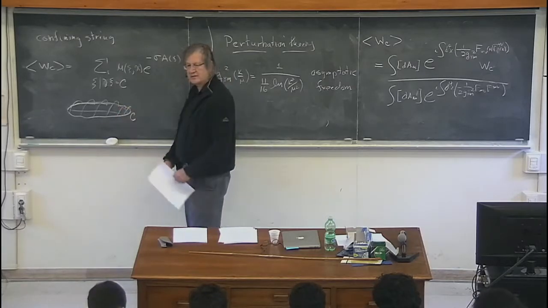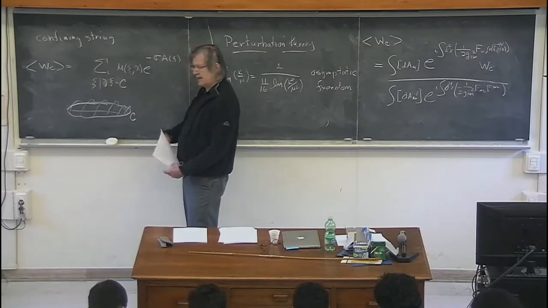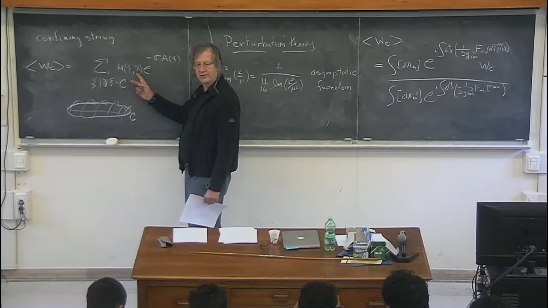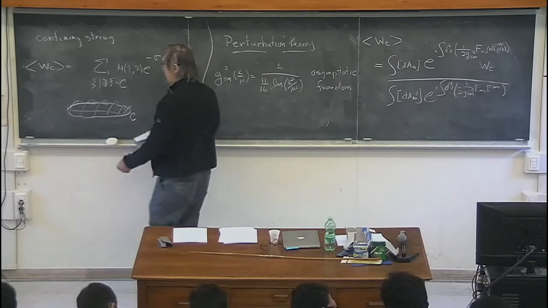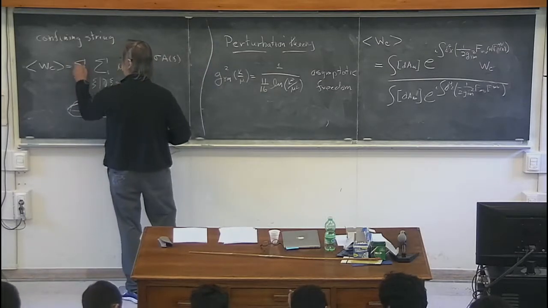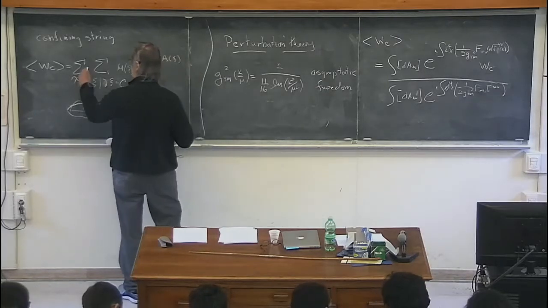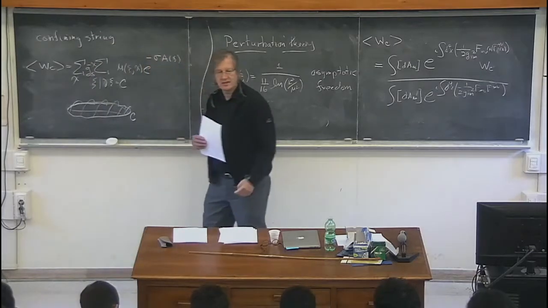Then these surfaces themselves could have some geometry. They could have holes and handles. So they could have some non-trivial Euler number. This measure could presumably depend on the Euler number, and you should sum over Euler numbers. And then typically you could weight that sum by something you might call a string coupling.